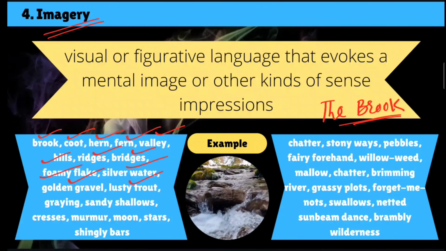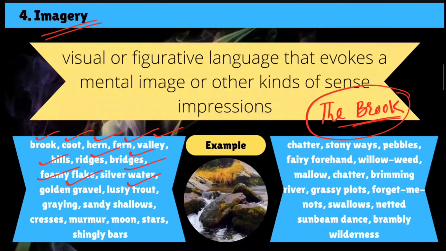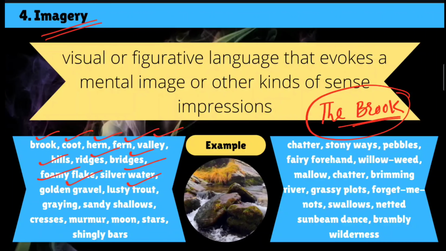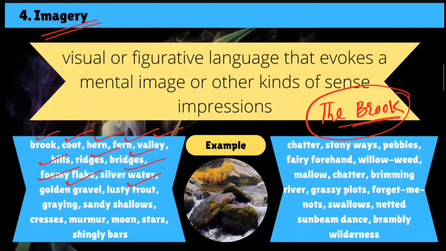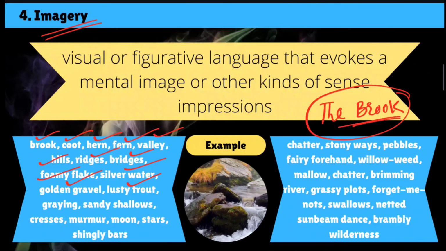And these images make the poem The Brook more evocative, more beautiful, more powerful, as it not only takes us on a trip to the other world, but it also makes us realize how beautiful nature is. Therefore, using imagery is a must for a poet to make his poem look more pictorial, look more beautiful, look more powerful.